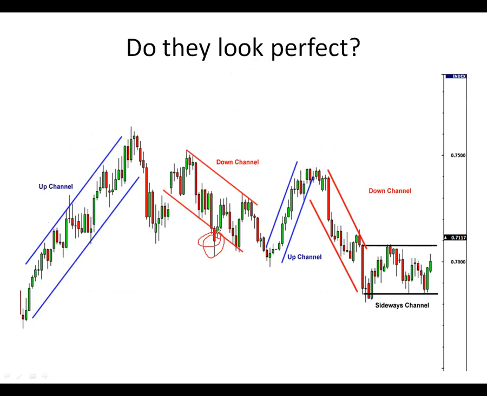It is just a zone in which you can buy. It doesn't mean that it is the exact spot to buy. I don't know if you get the difference. This is just a zone to buy, but not the exact spot to buy.